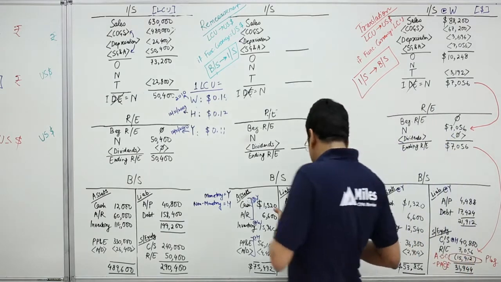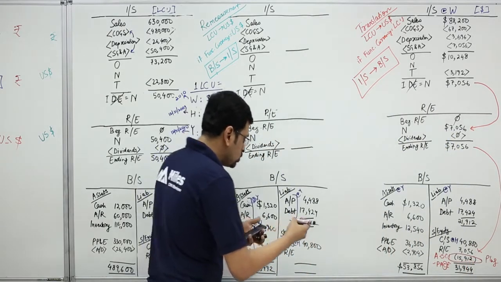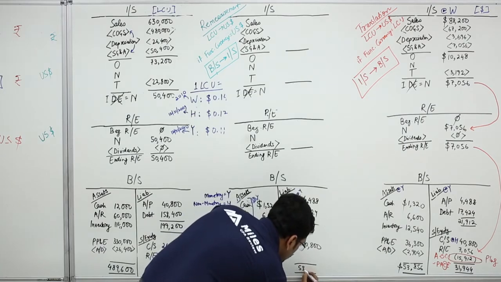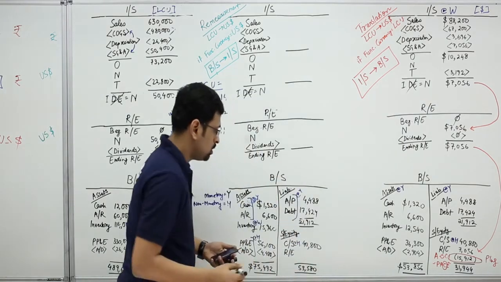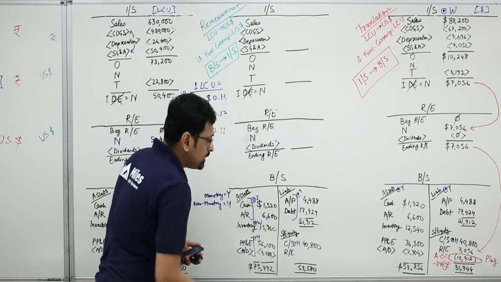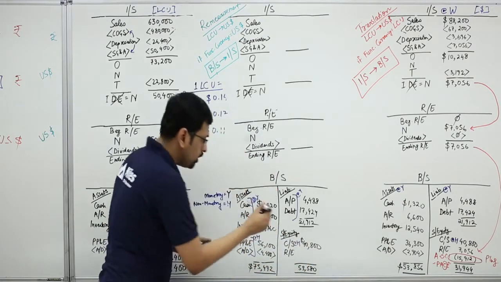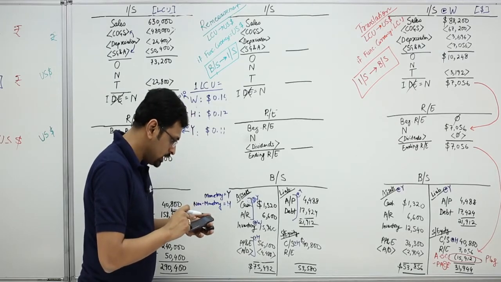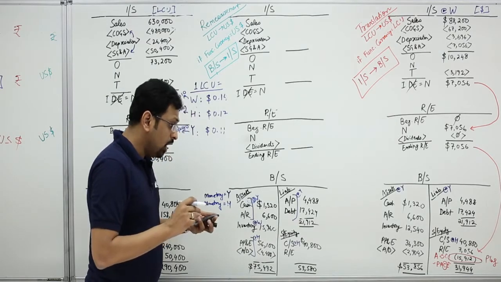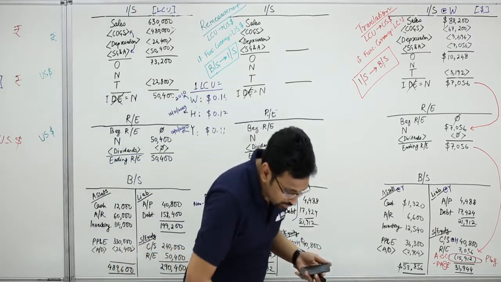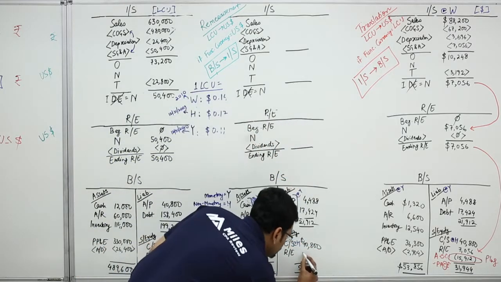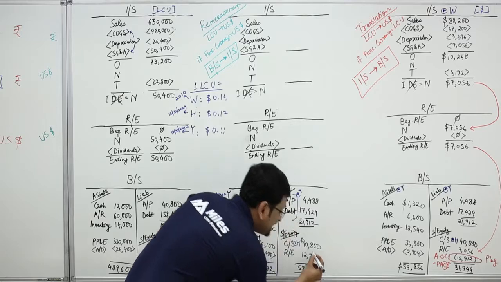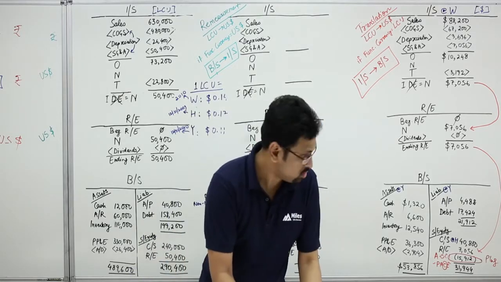So the equity needs to be 53,580, of which we have $40,800 on common stock. So minus 40,800, retained earnings needs to be 12,780. So that's the plug number.